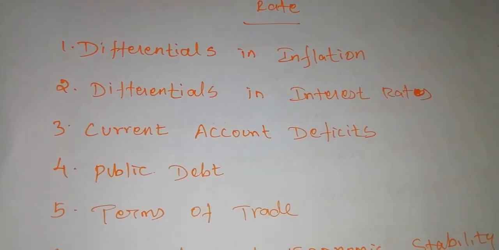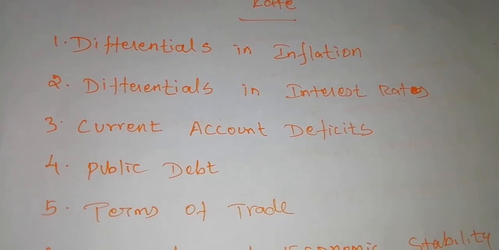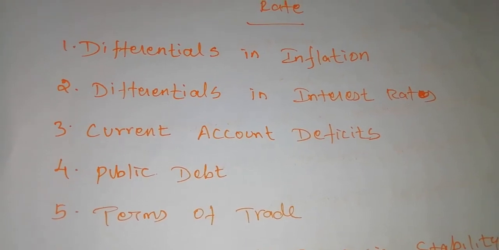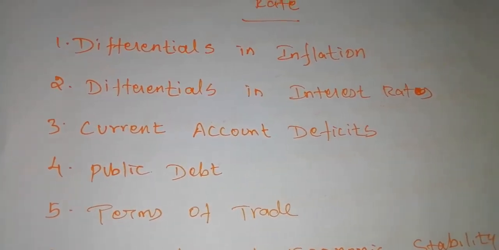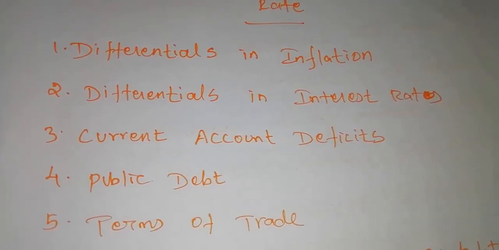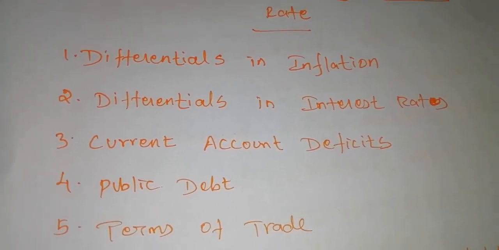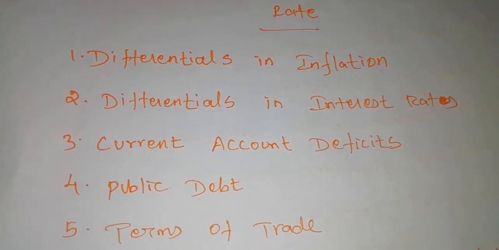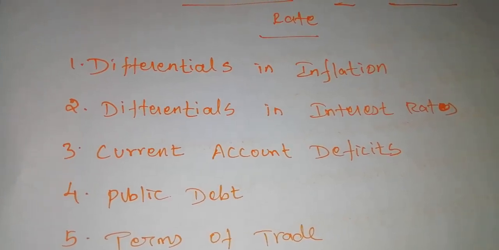If any nation has a low inflation rate, its currency value will increase. If the same nation has a high inflation rate, the value of money will decrease. Already we have studied what happens in inflation time: the volume of money may increase, but the value of money decreases.